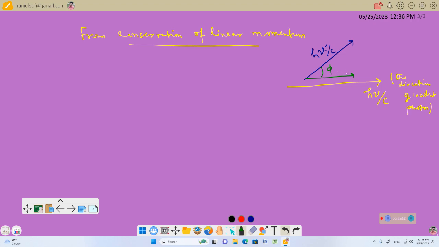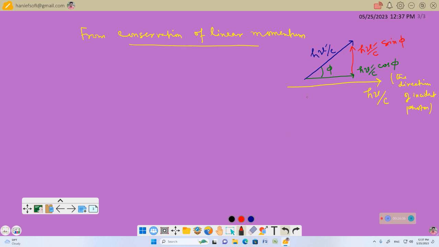So this part is h nu prime by c cos phi, the component of this momentum in the direction of the incident photon, and the portion of it in the direction perpendicular to the direction of the incident photon is h nu prime by c sin phi.